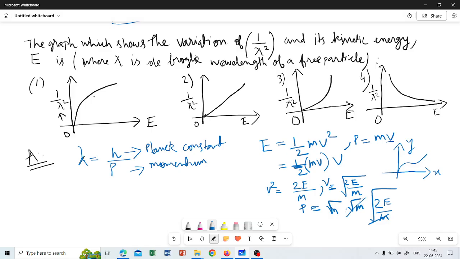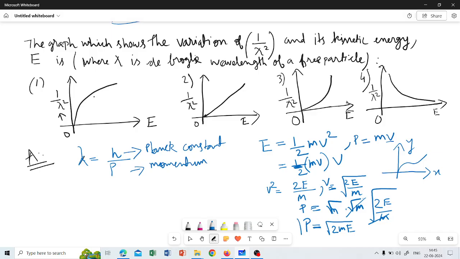So now, as two square roots, if I multiply, the square root will remain, but the values inside get multiplied. So 2 into mE. So this is an expression for momentum in terms of energy, right?